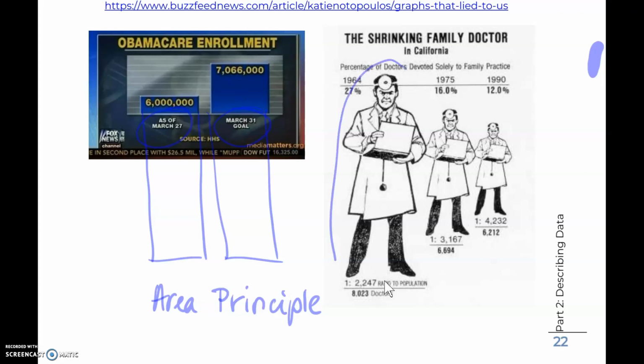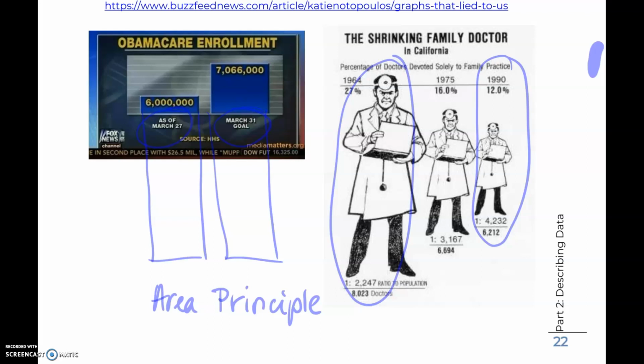So over here we have 27% in the 1960s. We have 12% in the 1990s. So we're looking at a little less than half. But when we compare the area, we have almost 4 times the area over here. So again, it's the same area principle that's being violated as with our first graph.